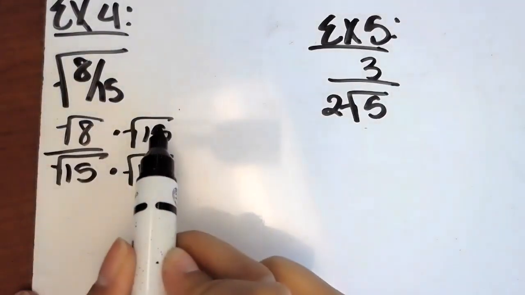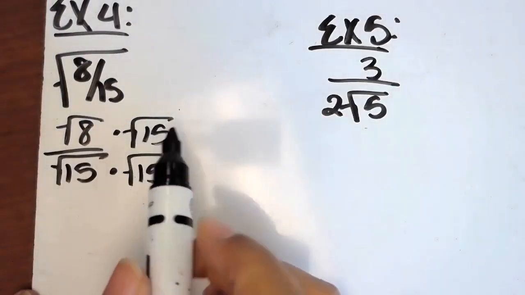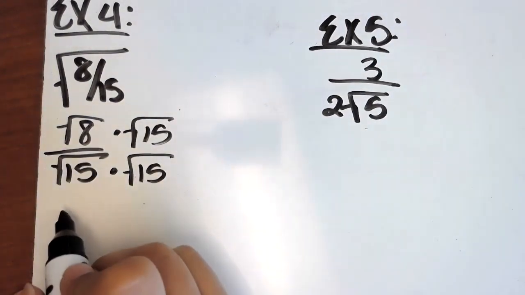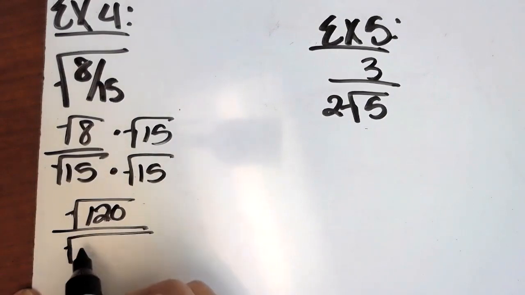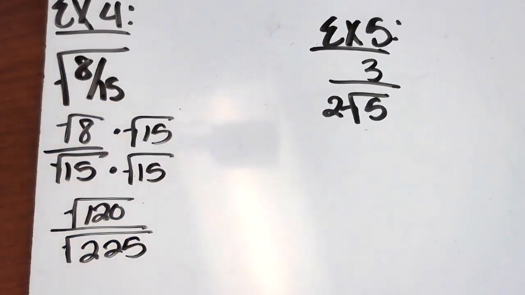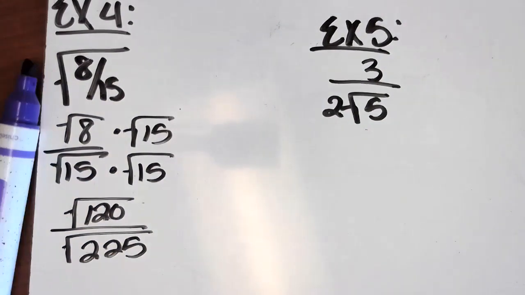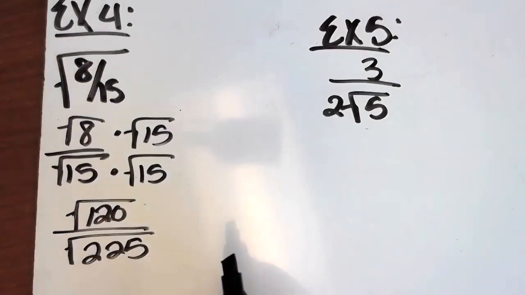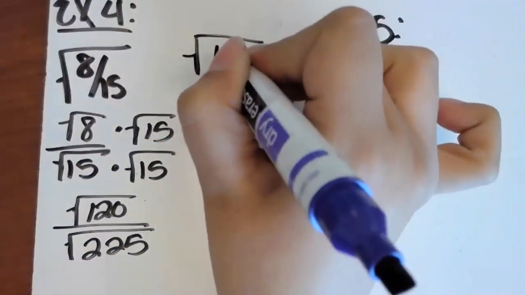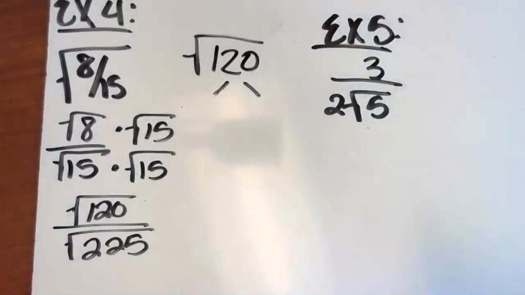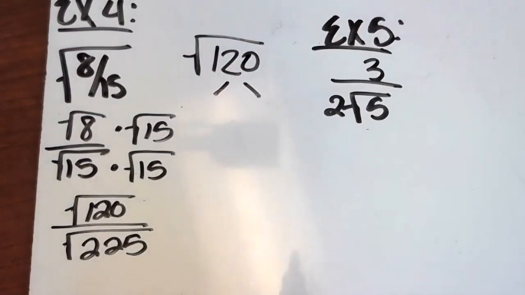Using the product rule, 8 times 15 is 120. And then 15 times 15 would be 225. Okay, and so now we have the square root of 120 divided by the square root of 225. And from here, you would just simplify. So taking the square root of 120, you would find a perfect square that goes into it.